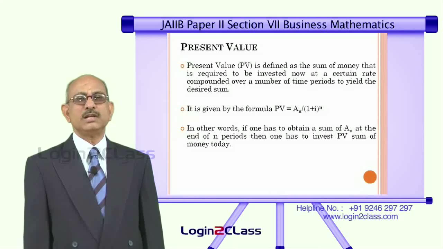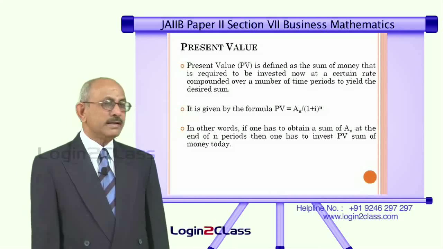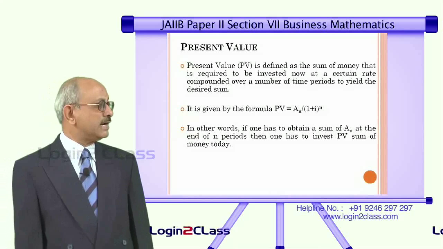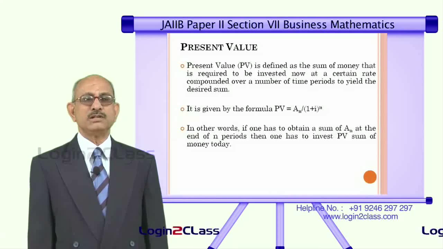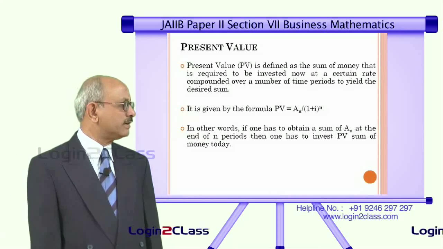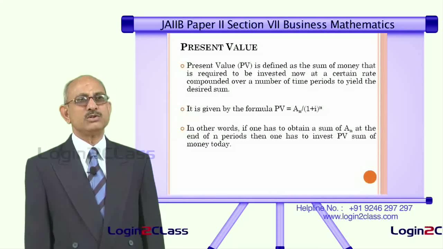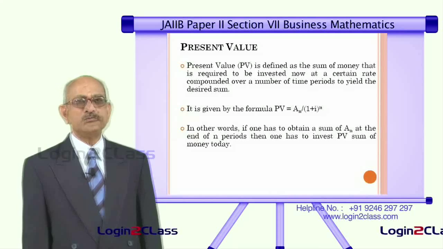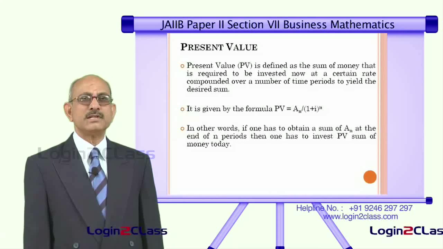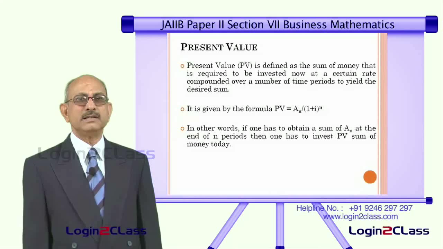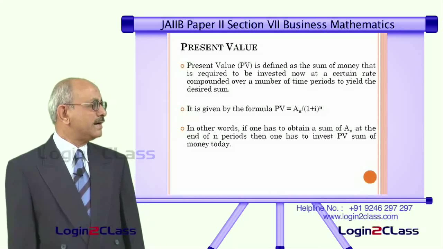So, using those tables, we can get the value of the discounting factor for given I and n, and multiply it with the future value to arrive at the present value. So, present value can also be put as present value is equal to future value into the corresponding present value interest factor number, that is given in the table for given I and n.